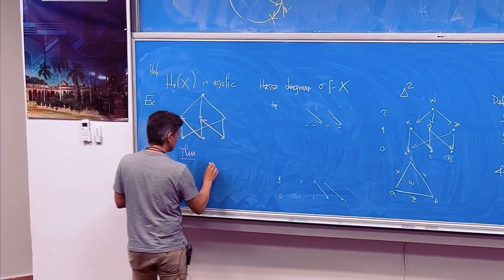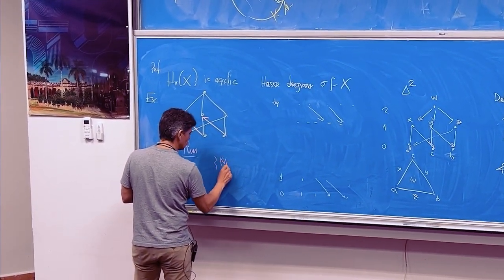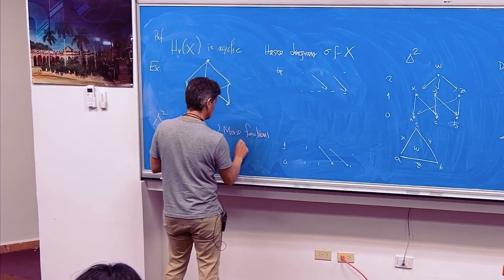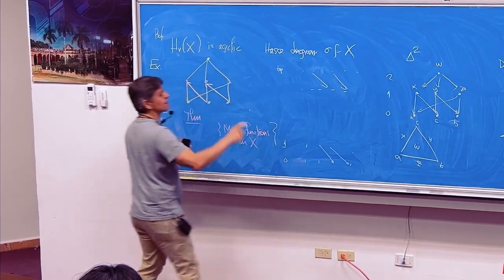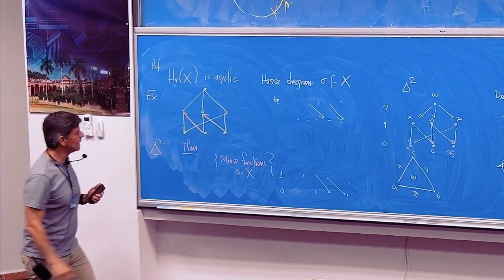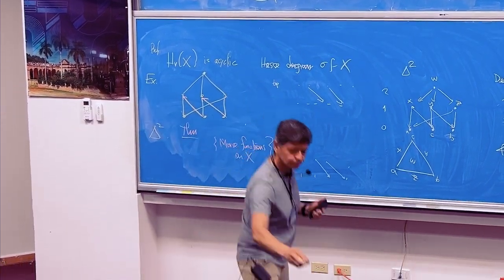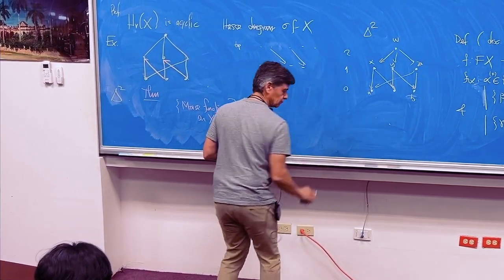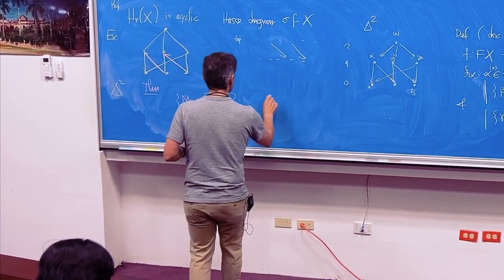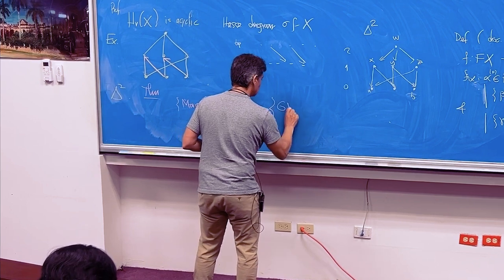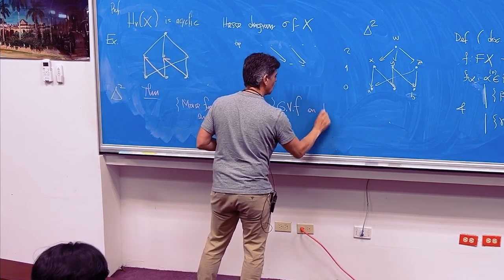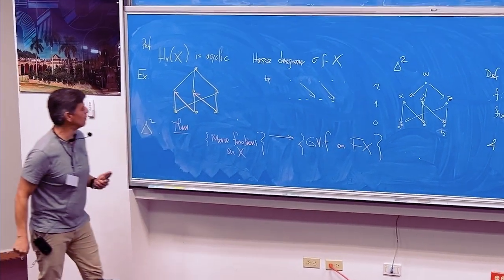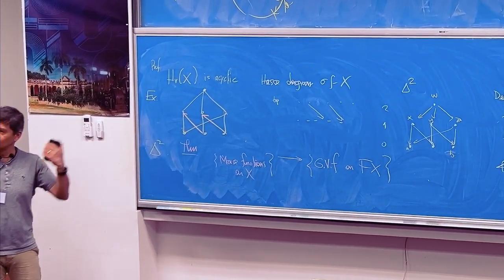So we have here the set of Morse functions on X satisfying those two conditions, and then I have here the set of gradient vector fields on X. And I already defined a way of going from the left set to the right set.